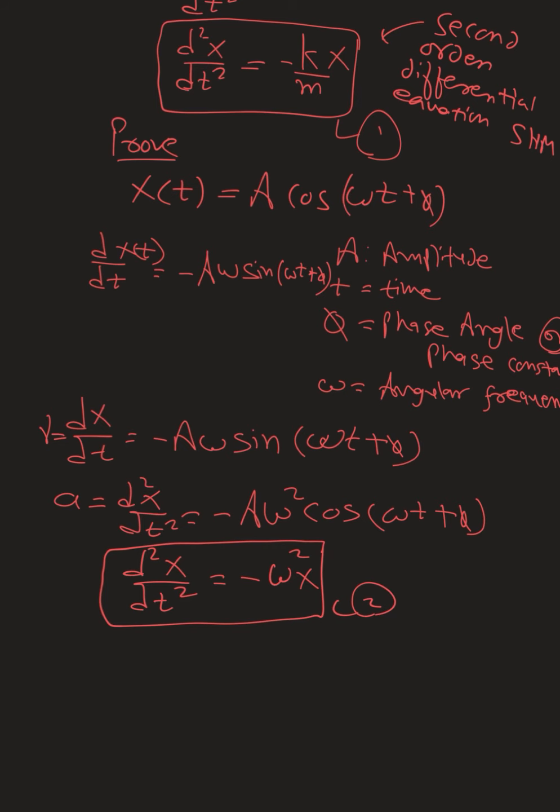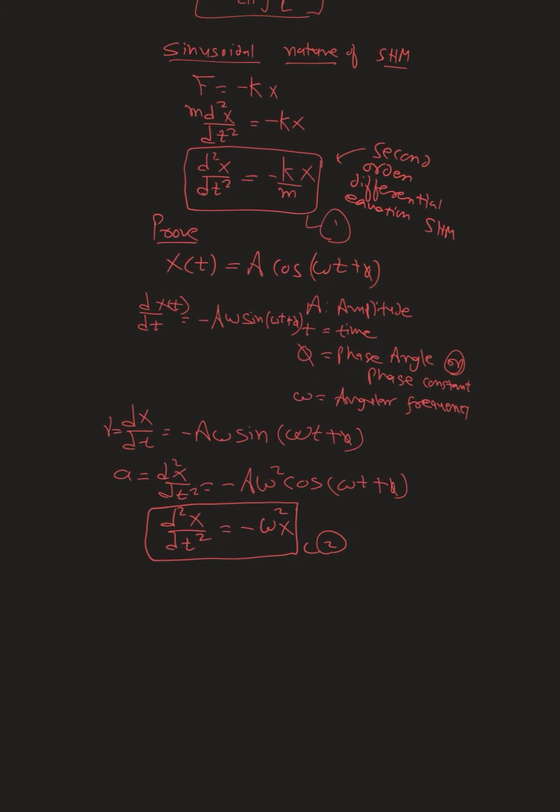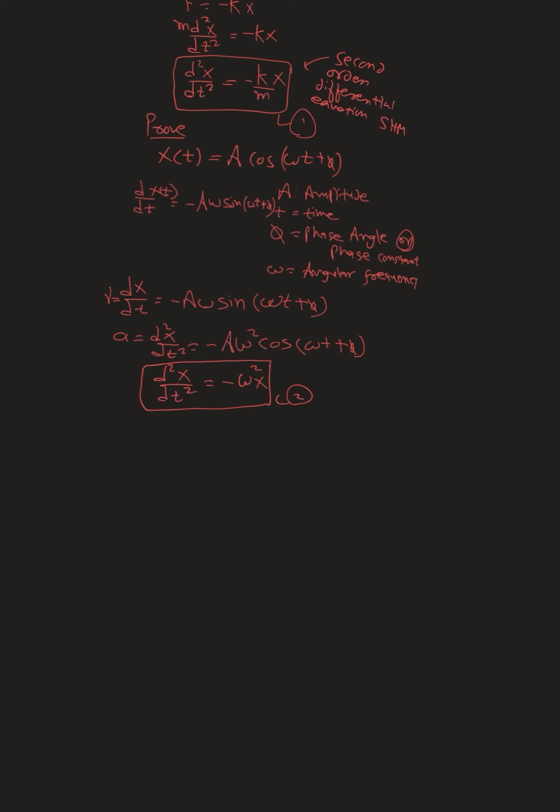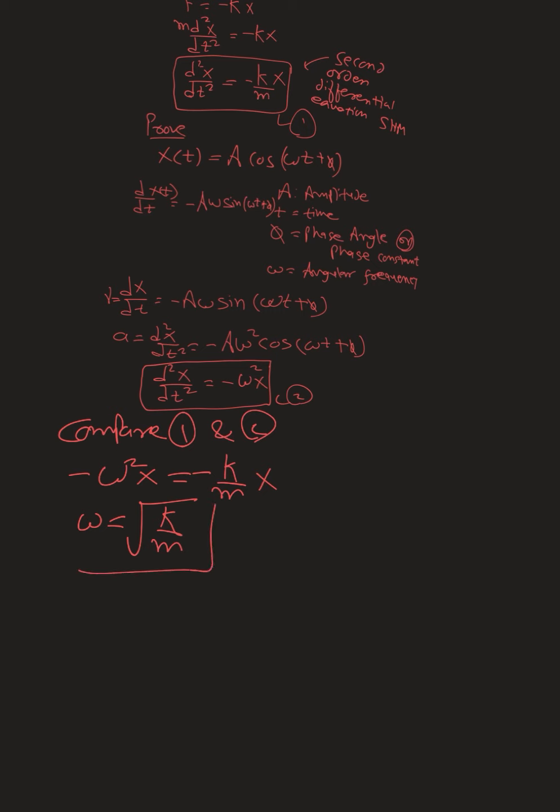So look, we can compare equation number 1 and equation number 2. If we do that, we get negative omega squared x, which is nothing but negative k over m times x, telling you that omega is nothing but the square root of k over m. This gives the relationship between the angular frequency, spring constant k and mass m.